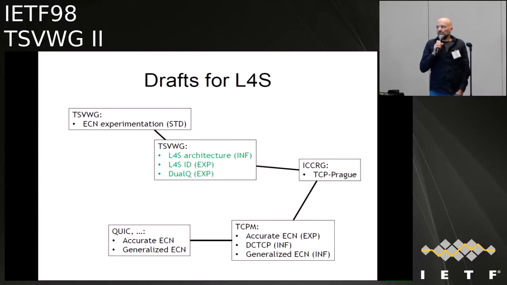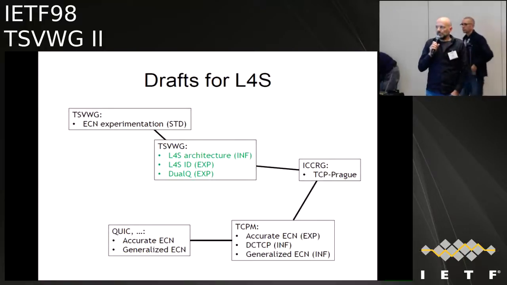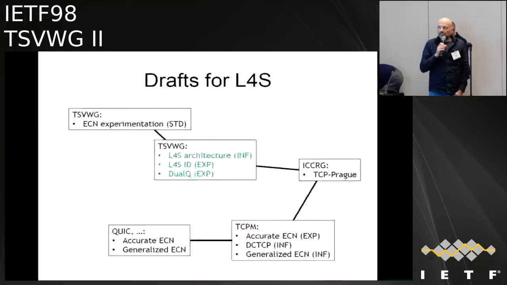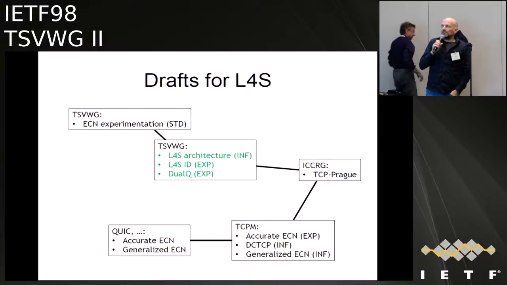It's with an ECN code point in the IP header. And then the third draft is about the AQM in the network. That's also an experimental draft. And because these are experimental drafts that change the ECN behavior, we have an ECN experimentation draft, which is handled by David Black, also in this working group.